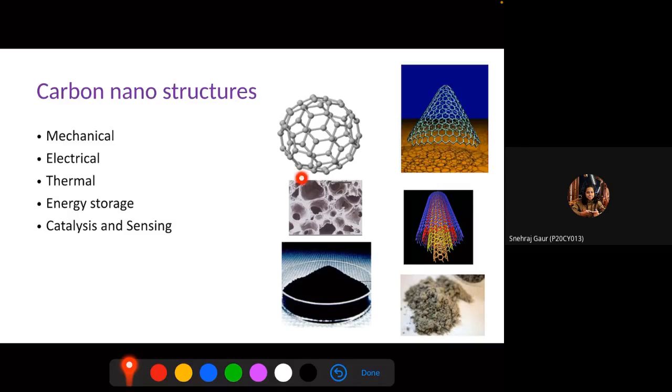You can produce them quite cheap and quite easily, and that's why this is also interesting for applications, because you can make large scale synthesis of these carbon nanotubes or fullerene or even graphene. They're cheap and interesting, and of course they have very interesting physical and mechanical properties.